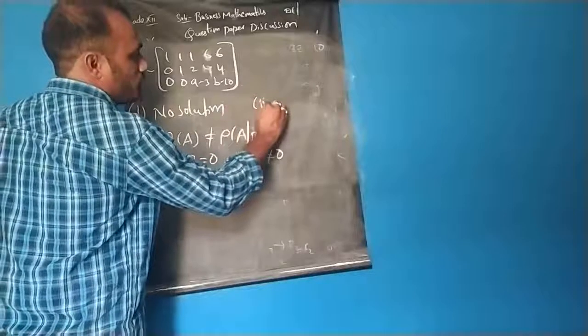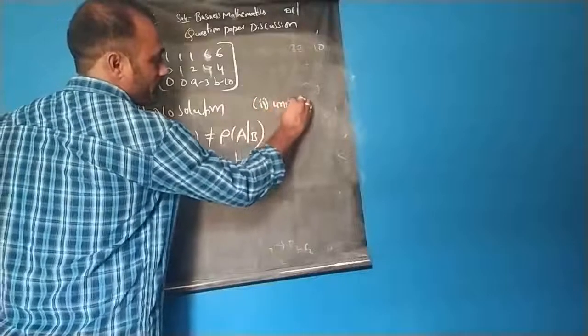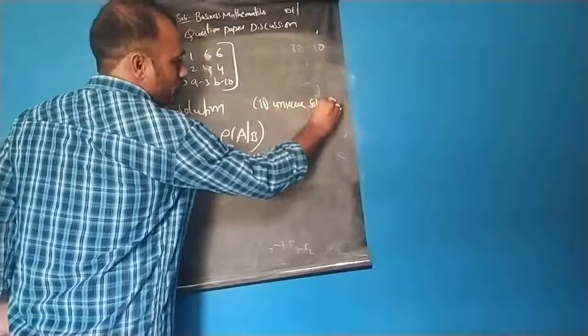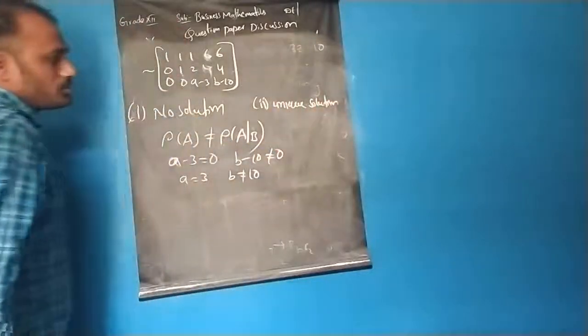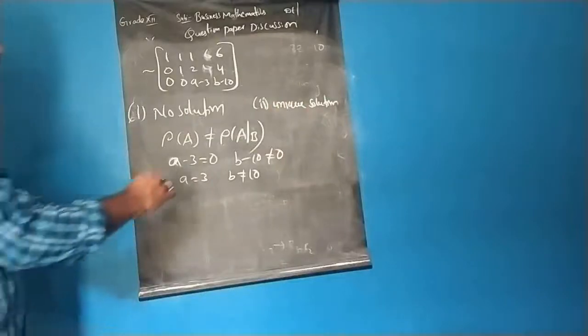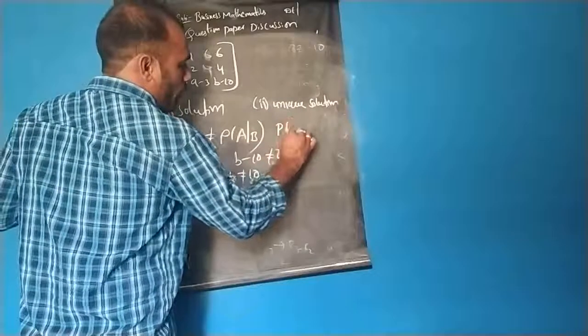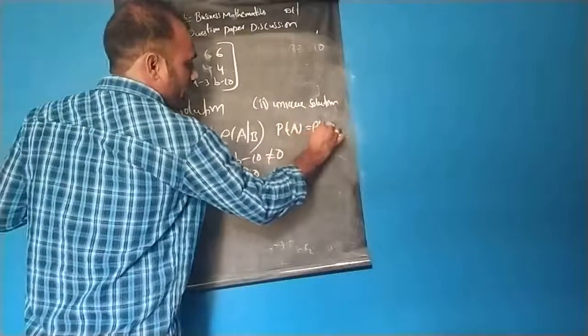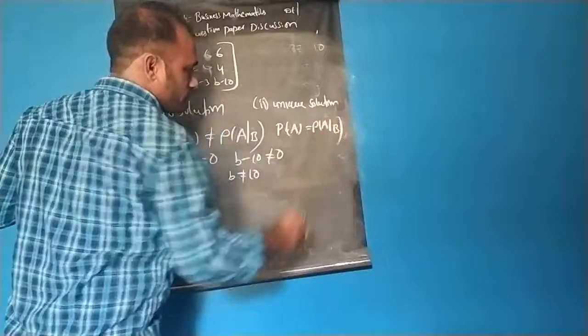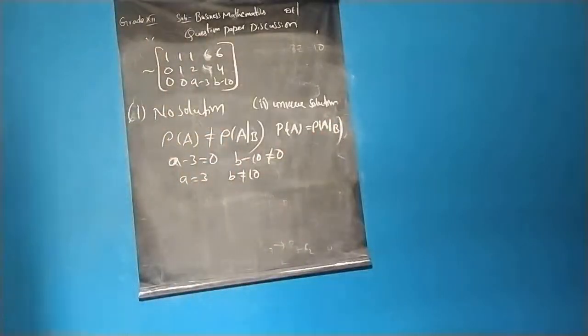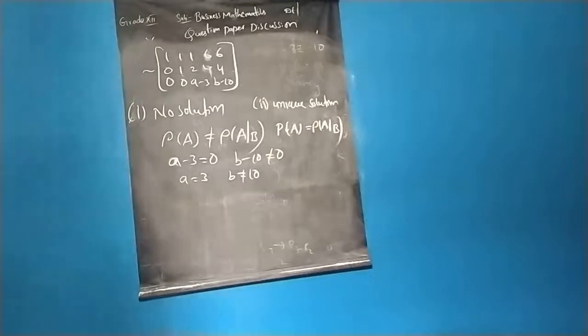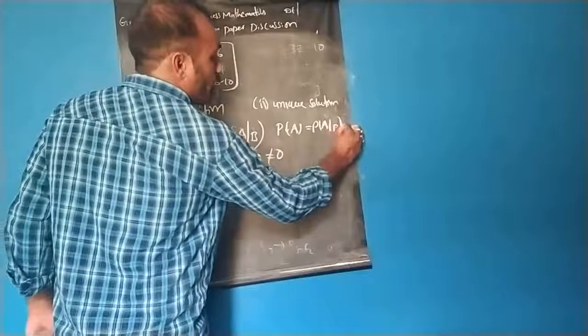Next, second case, unique solution. We get a unique solution when the rank of the augmented matrix is equal to the rank of the original matrix, and that is equal to the number of unknowns also.